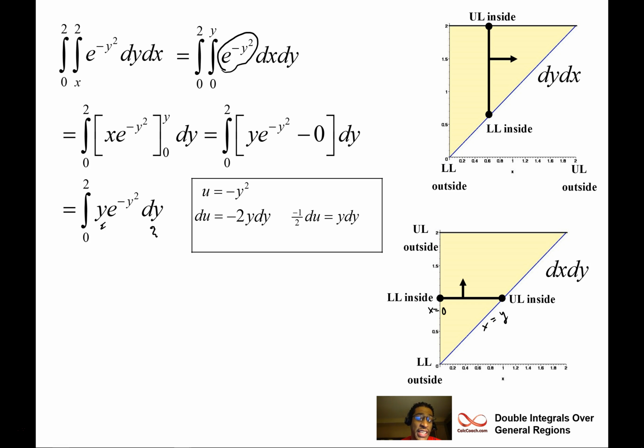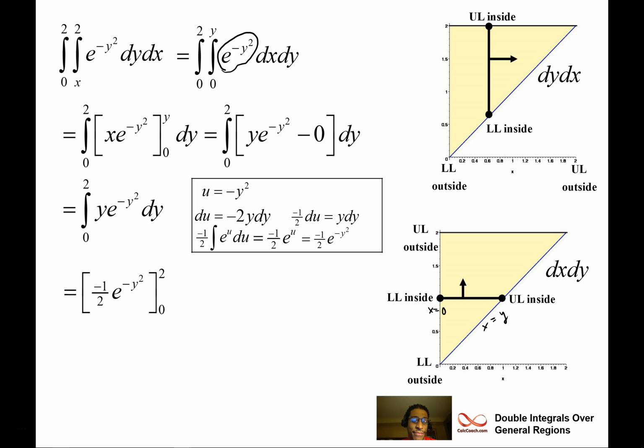So we're now looking at an integral who is just e to the u with a minus 1/2 on it. Now that integral is just e to the u with the minus 1/2 on it. And now we'll sub back in and replace the u back with minus y squared. So we have negative 1/2 e to the minus y squared is the antiderivative of y e to the minus y squared.